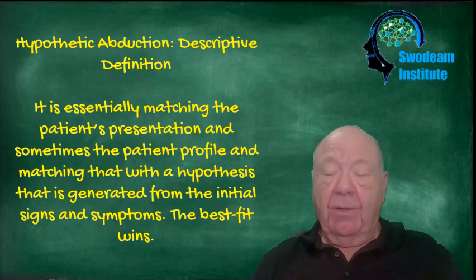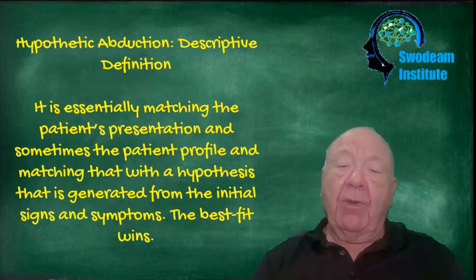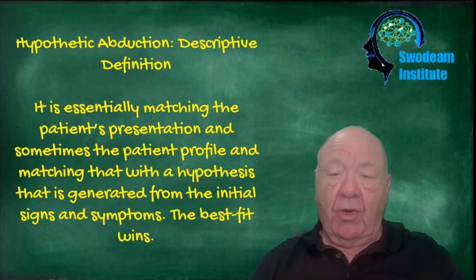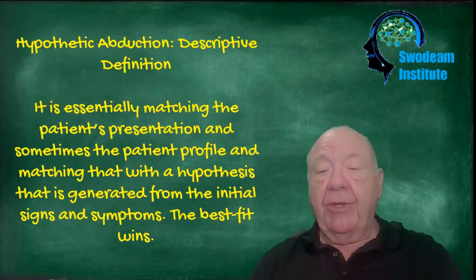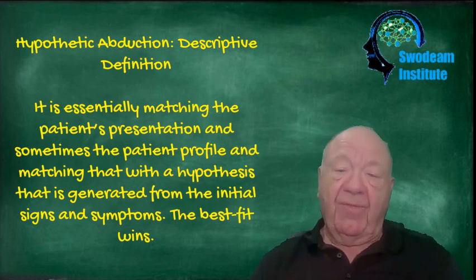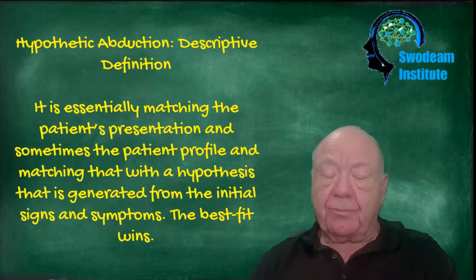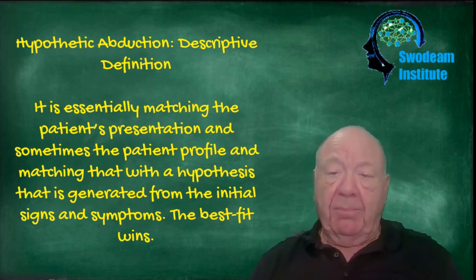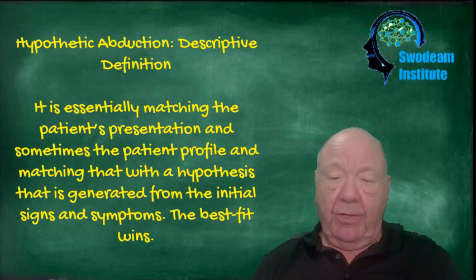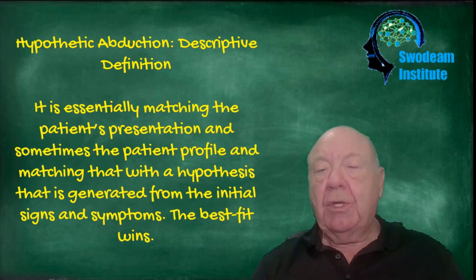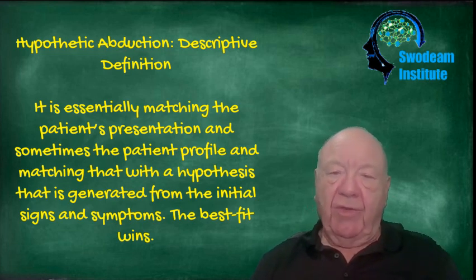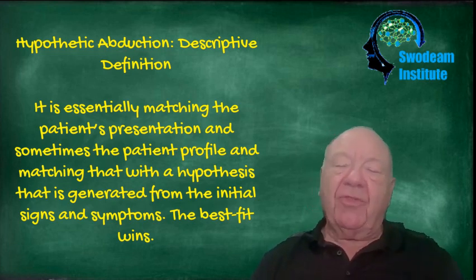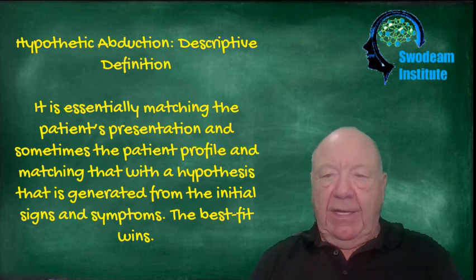So you have your hypothesis, you have an illness script that describes that condition, and then you see if the patient's signs and symptoms fit that illness script. Now, the illness script can be better or worse. It can be a focused illness script where you can incorporate different things if you need to, or it could be the essential illness script that will give you the minimum requirements to identify the condition.